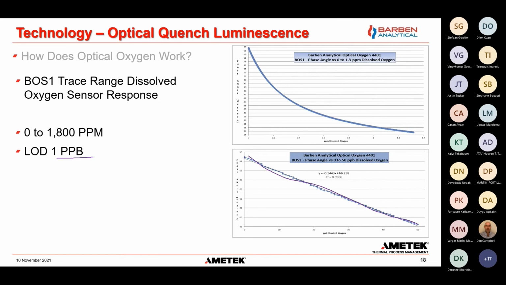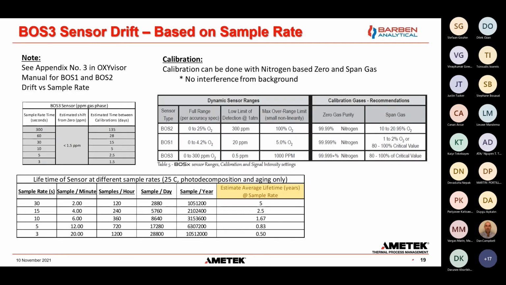So this would be something that would be used in the floodwaters or the produced water applications. A lot of times our customers are very interested in operating right here at the 0 to 10, 0 to 20 parts per billion. And we're able to do that with this BOS1 sensor.